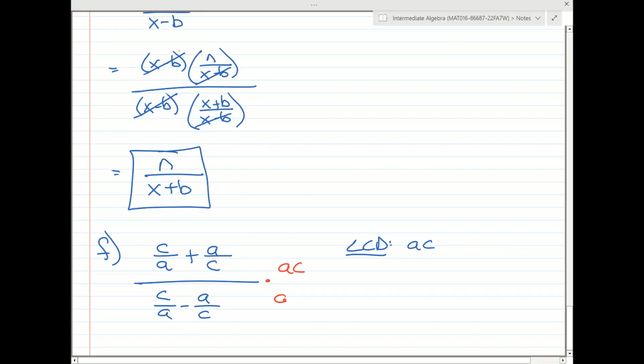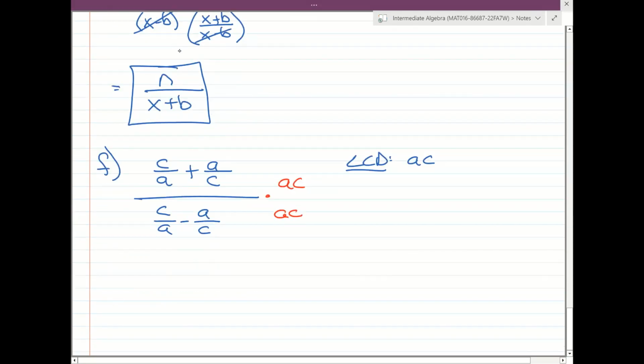Everything on top by ac, everything on the bottom by ac. Well, let's see what we come up with here.